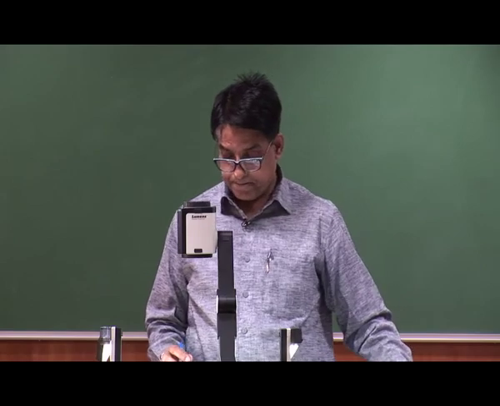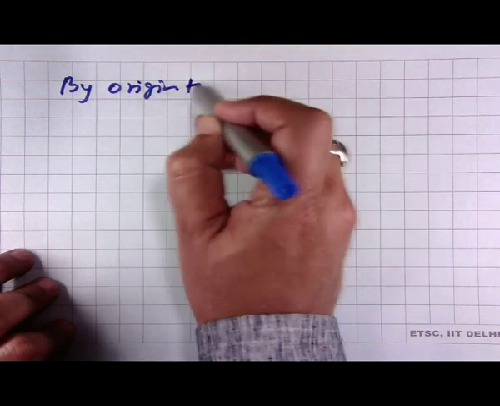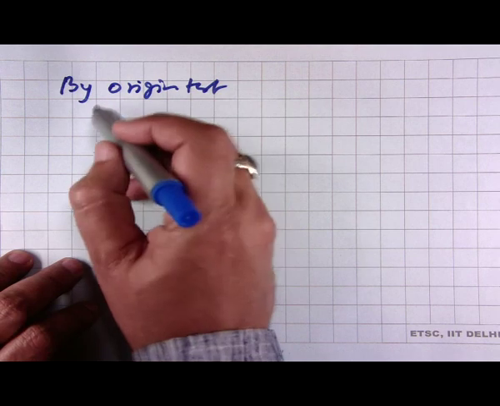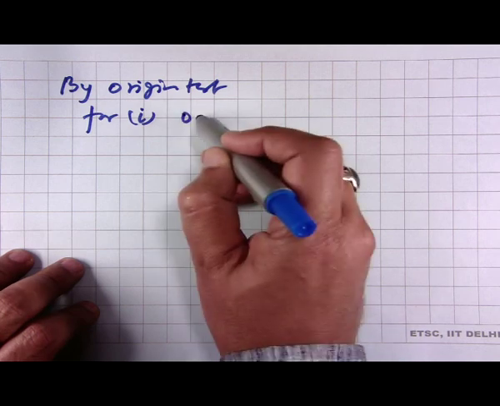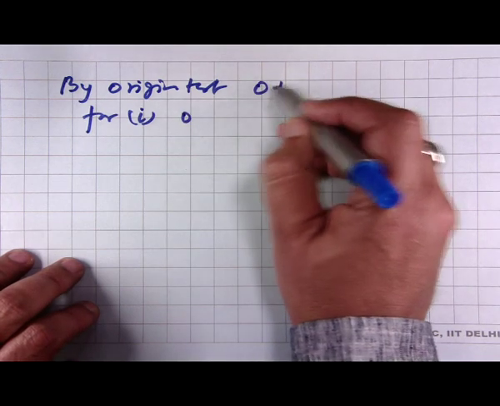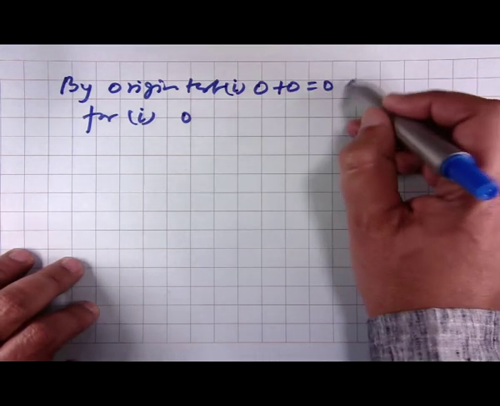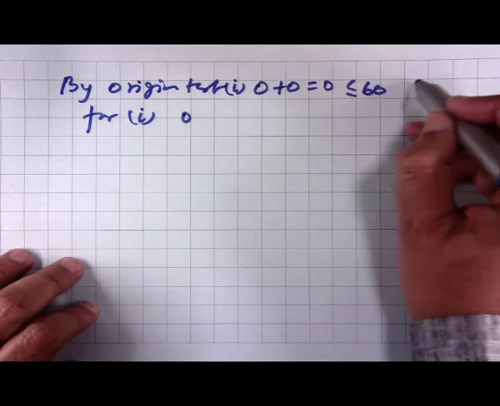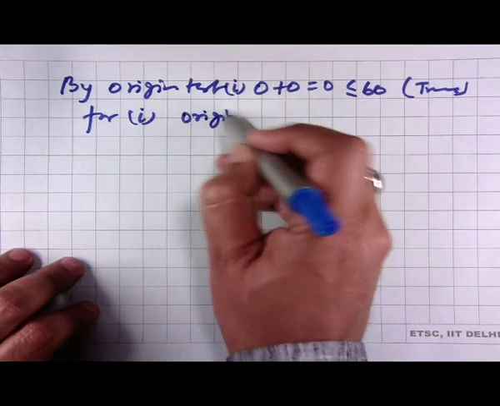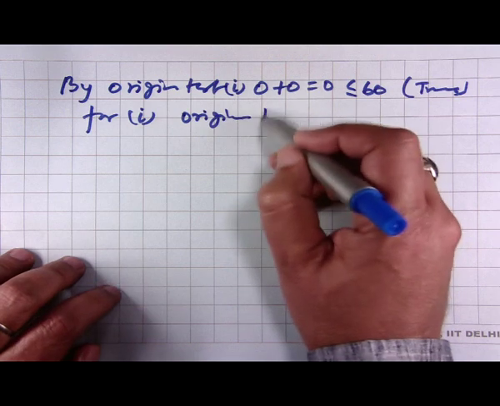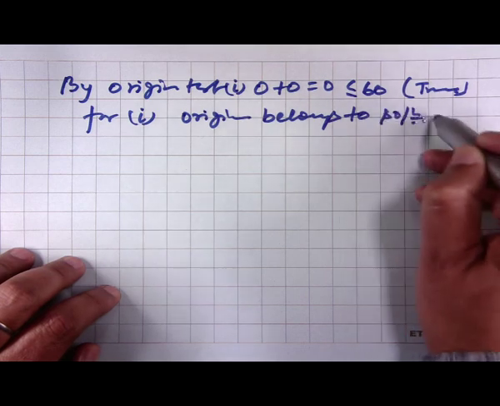So by origin test, for the first, origin means 0 plus 0 equal to 0 less than equal to 60 is true. So for the first, the origin belongs to the solution region.